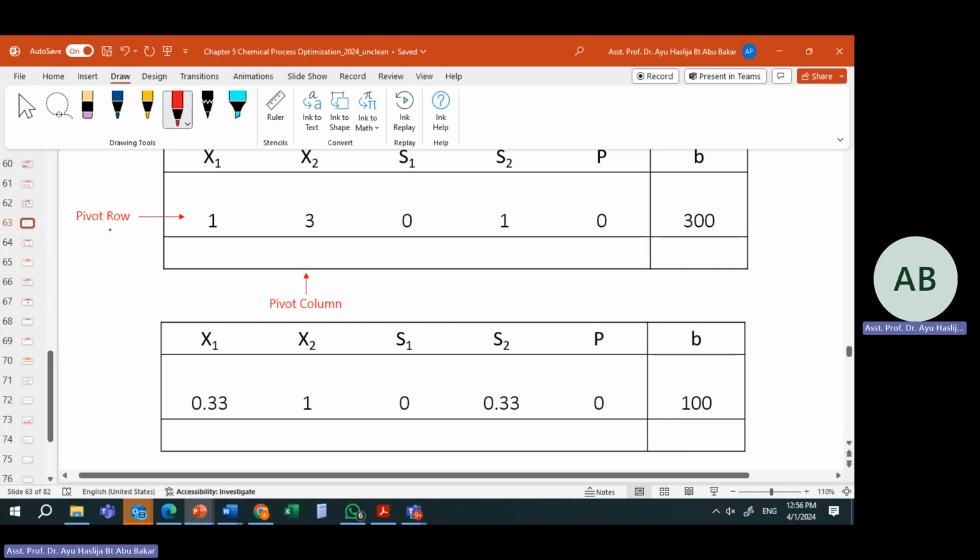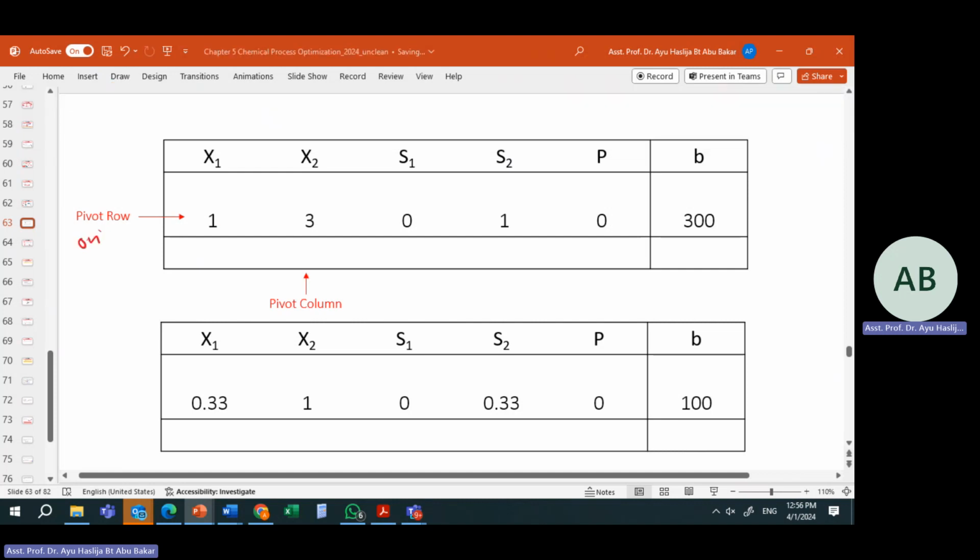This is from the original value just now. Take the pivot value, these three, and convert to 1.